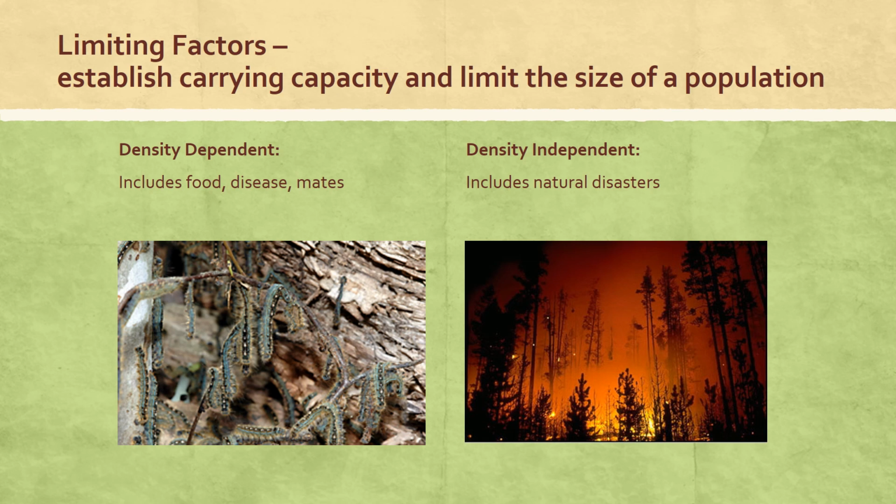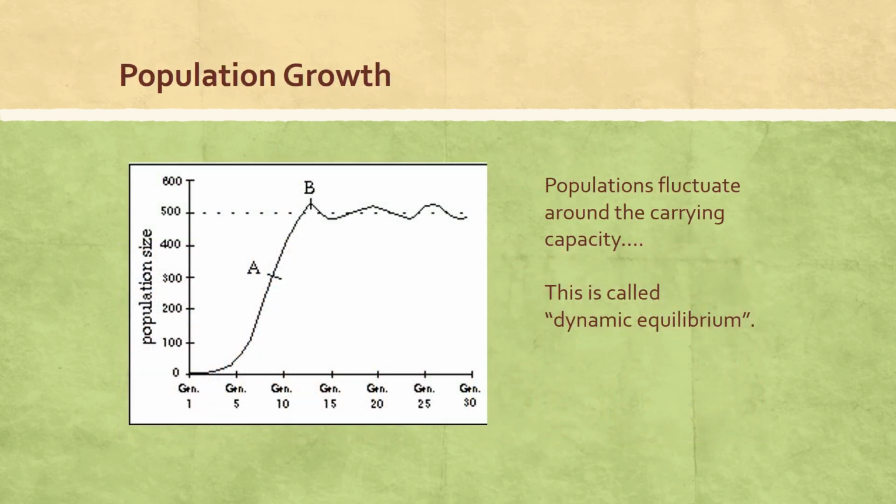Okay, you will see a lot more density dependent factors than density independent, though density independent happens randomly. Population growth. Once we start to reach that carrying capacity, you start to see a fluctuation, and this fluctuation is called dynamic equilibrium. It's a fluctuation around the carrying capacity.